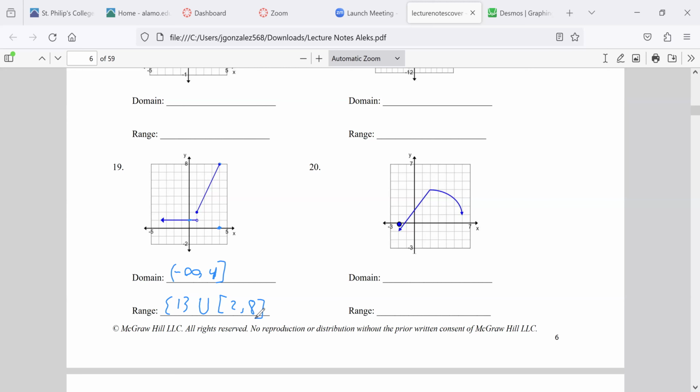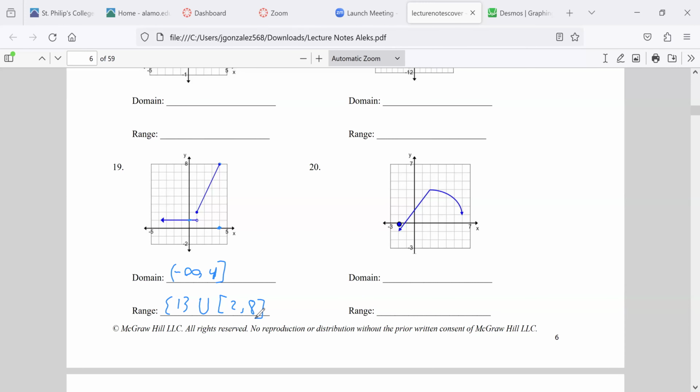So the little braces means set. That makes sense though?